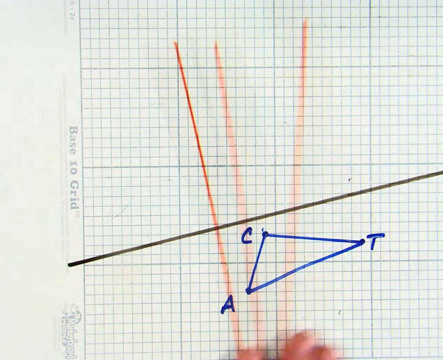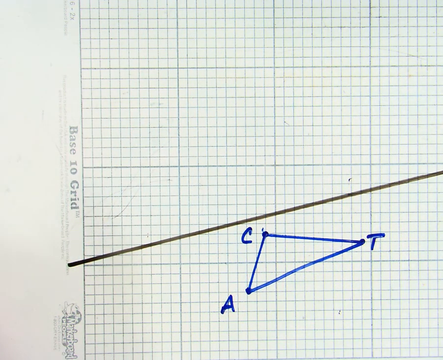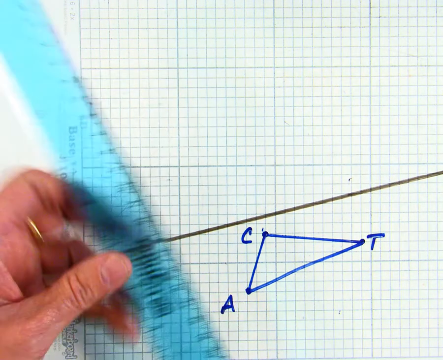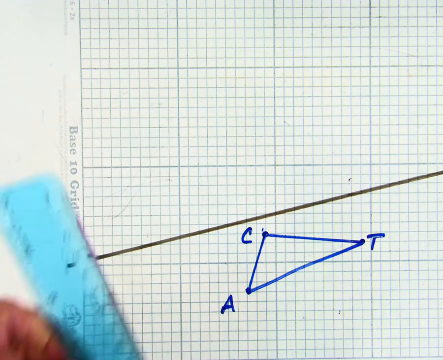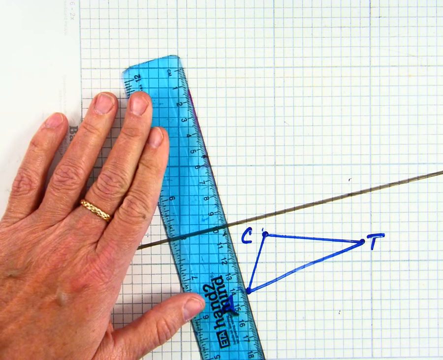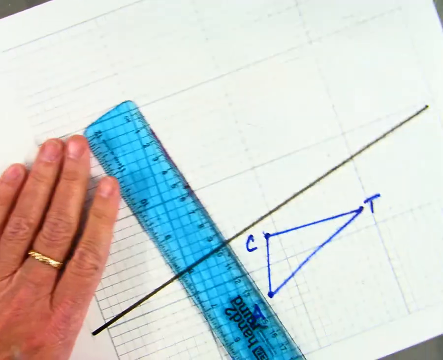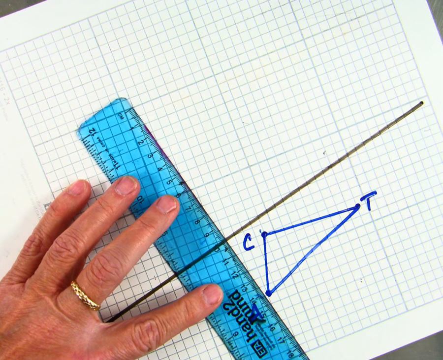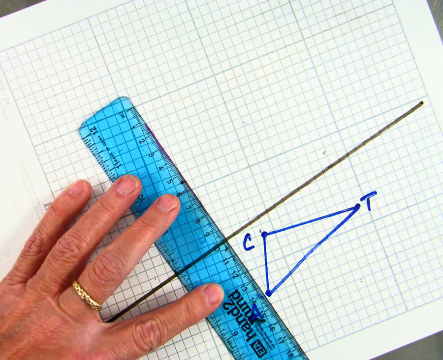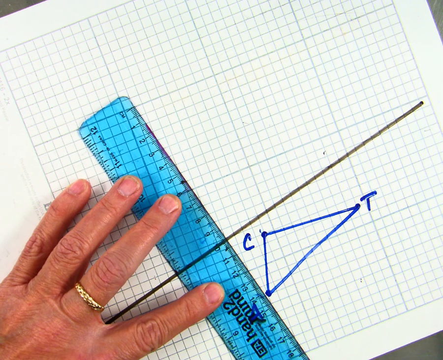Well, we're just going to do the cheap and dirty version, try to figure out a way to do it with what we've got, and do that by taking your ruler and placing it so the best you can tell it's perpendicular to the mirror line.